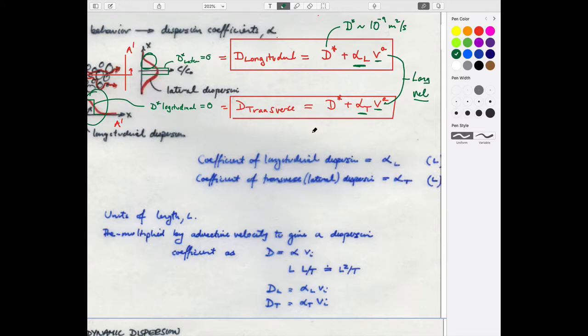I suppose the other thing that's clear from this is that the units from this are meters squared per second, and the units of velocity are meters per second, then the units of this have to be in units of meters, right, by definition.